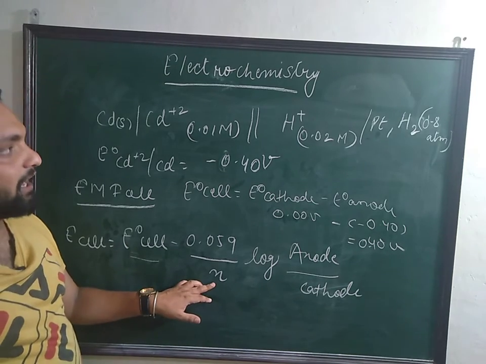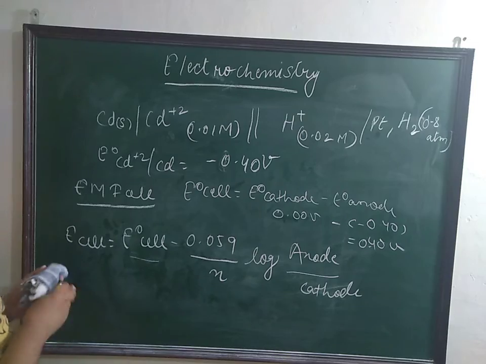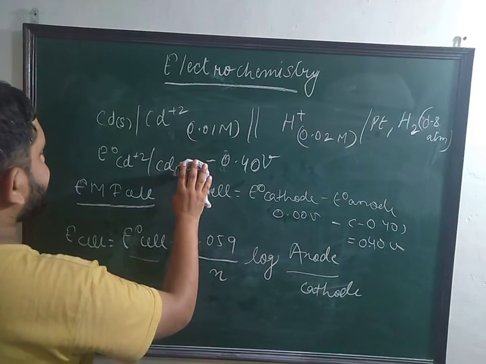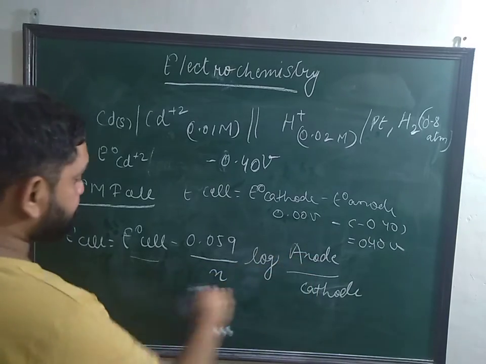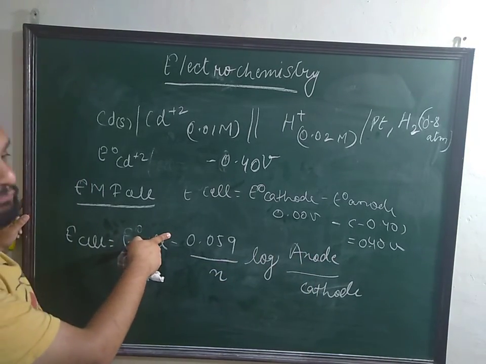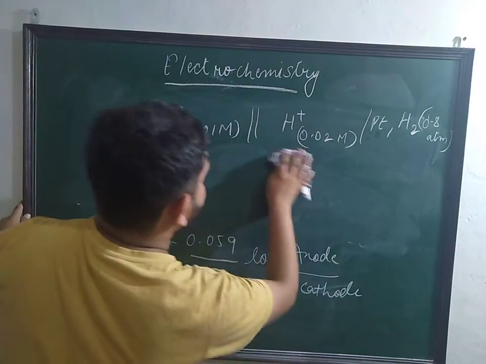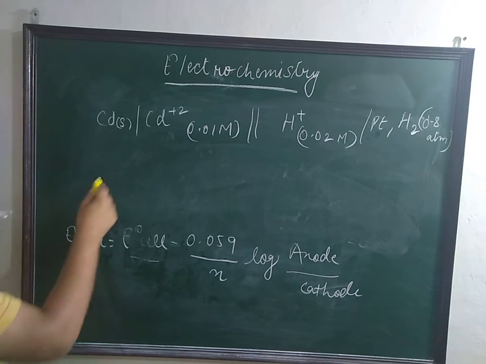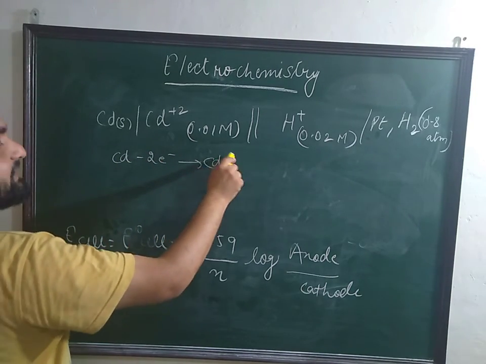What about n? How many electrons are exchanging over here? Note down this: the value of this is 0.40 volt. Cadmium is losing 2 electrons to convert into cadmium 2 positive.